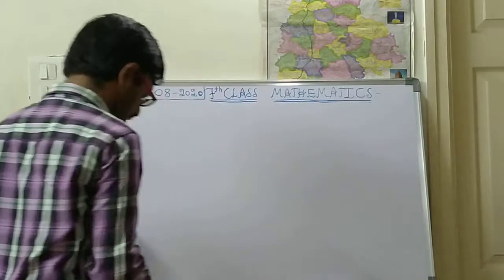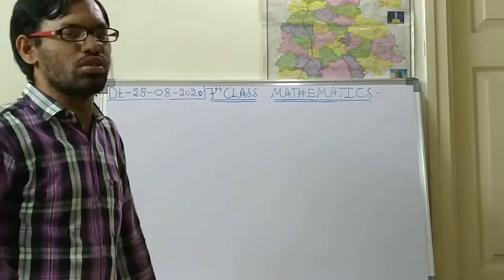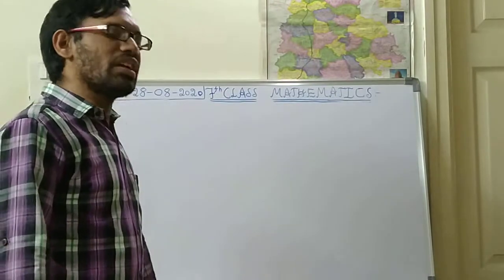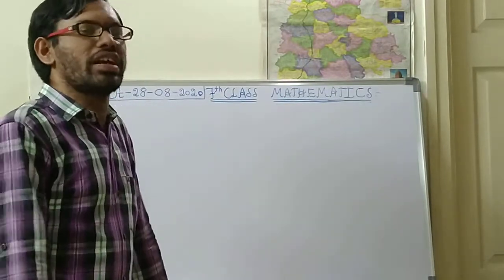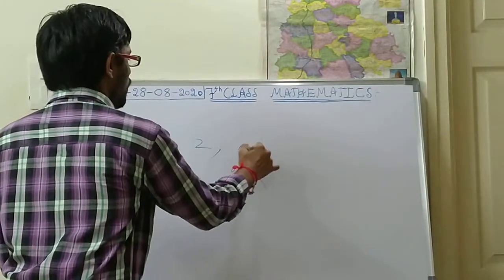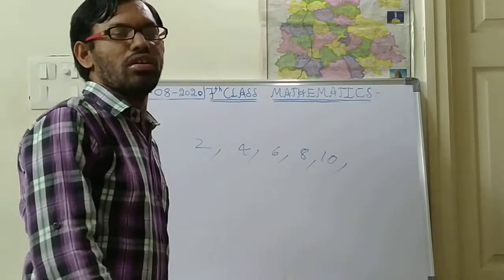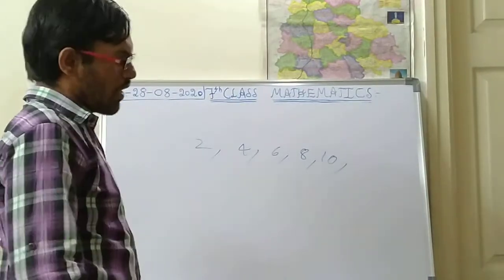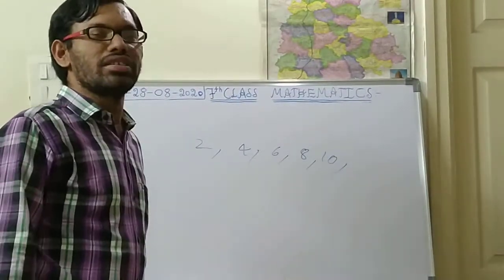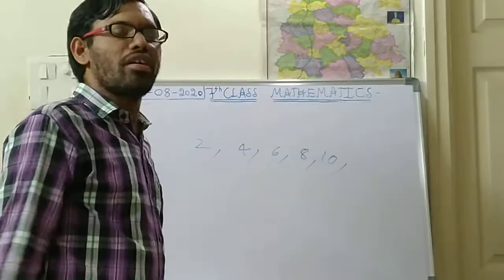One more thing, not only circles, you can take the rectangle or square also. For rectangle and square, there should be perfect even numbers, like the denominator should be 2, 4, 6, 8, 10, like that. For our easiness, if you take circles, you can draw any number of parts.